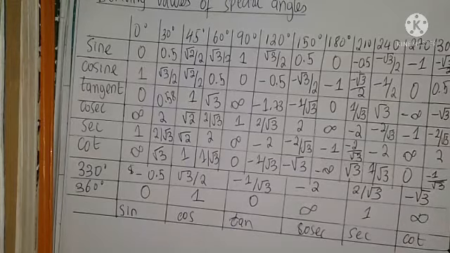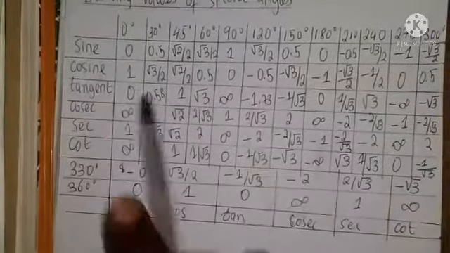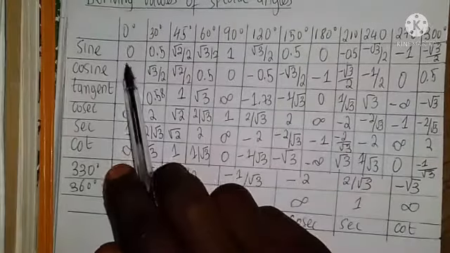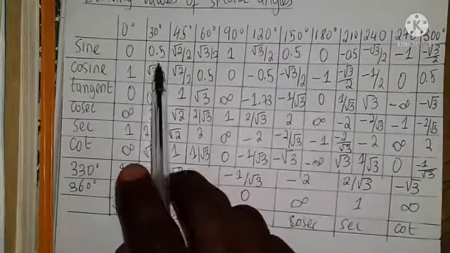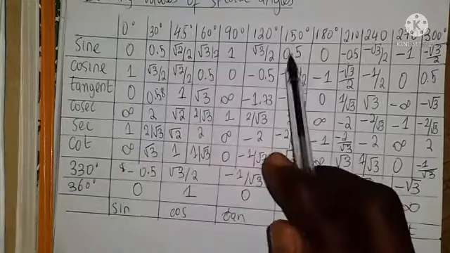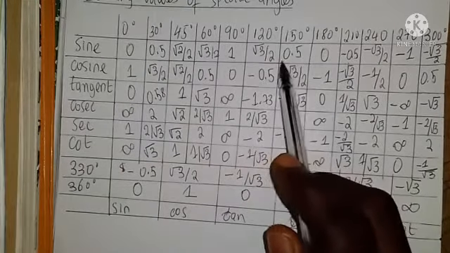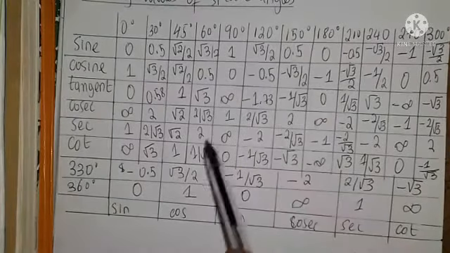Now the next observation, where we have similar values. Okay, where do we have similar values? Yeah, sine 0 is 0, sine 180 is 0. Sine 30 is 0.5, sine 150 is 0.5, sine 60 is equal to root 3 on 2, and sine 120 is equal to root 3 on 2.